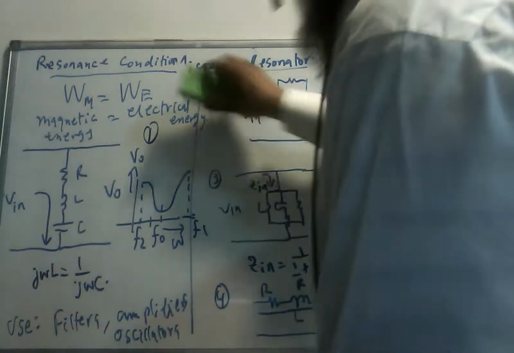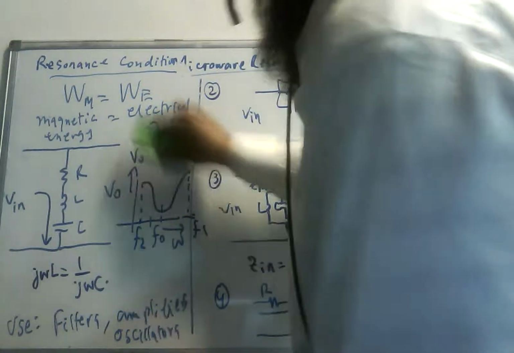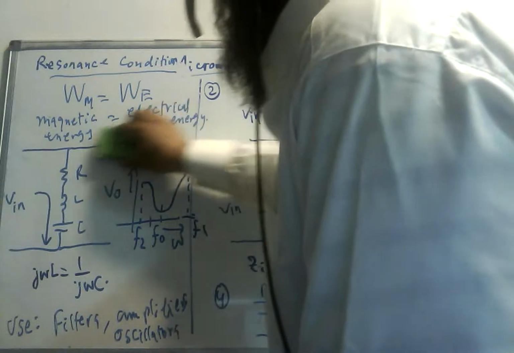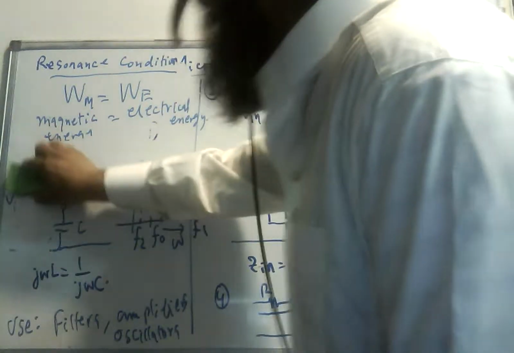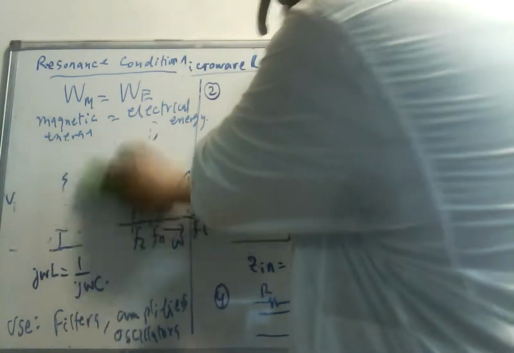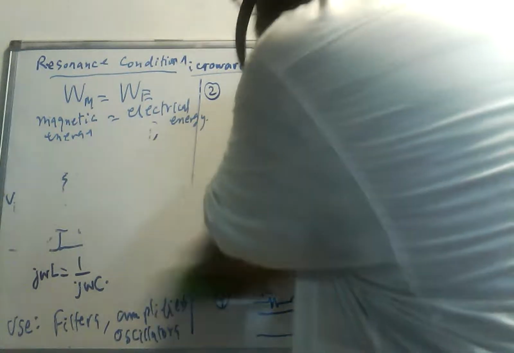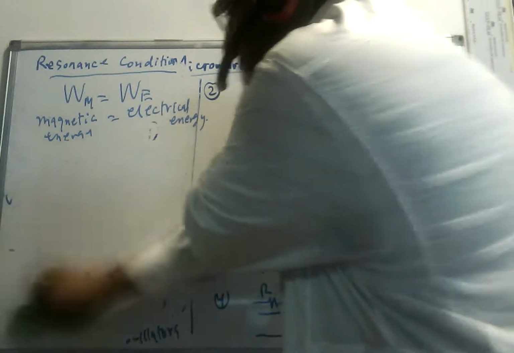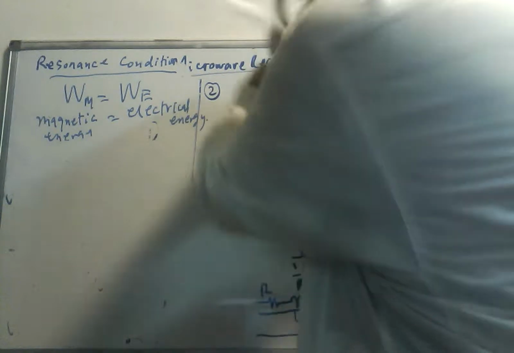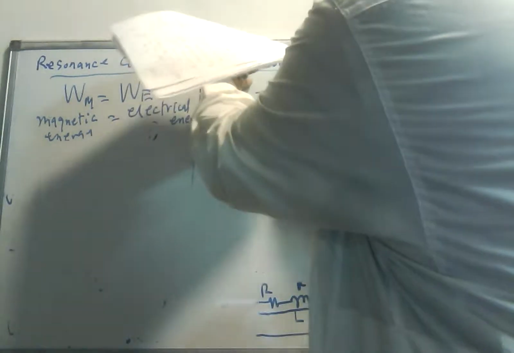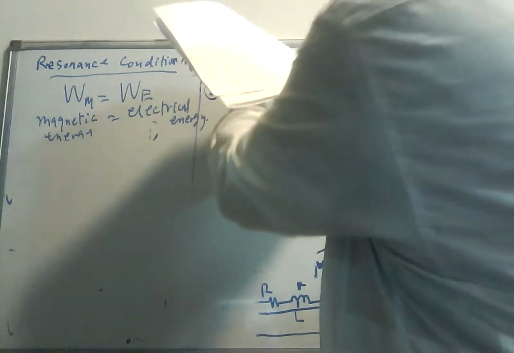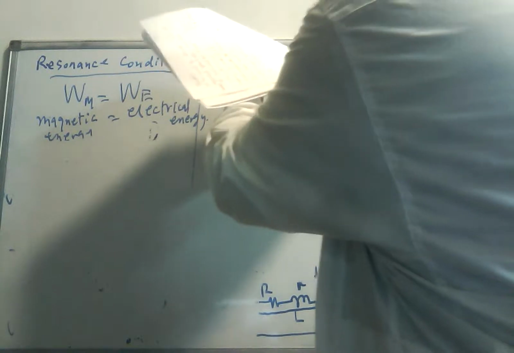That is why I get the resonance. Now let us look at it in more detail. And what I will do here is, as an example, I will analyze the series circuit here.